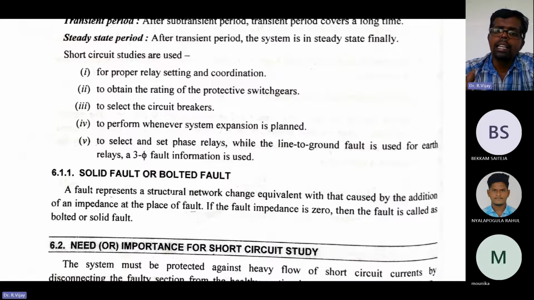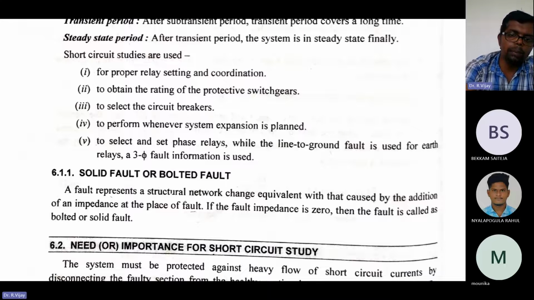So the fault is happening, but the fault impedance is zero, so no major changes happen in the system. That is called a predefined fault. Say for example, sometimes in a substation, for some milliseconds, one line touches another line, but suddenly it comes back.